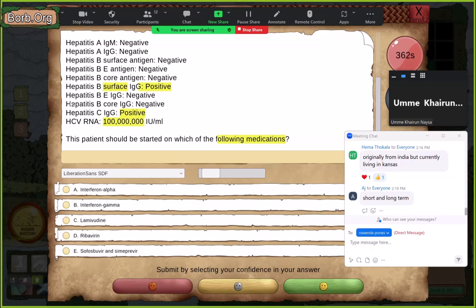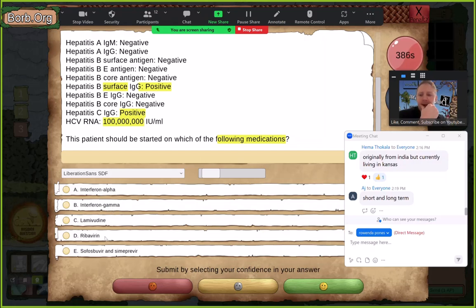Against this, which medication is effective against hepatitis C virus? So we have lamivudine. We have interferon gamma, which would also be a treatment, I believe, for hepatitis C as well.